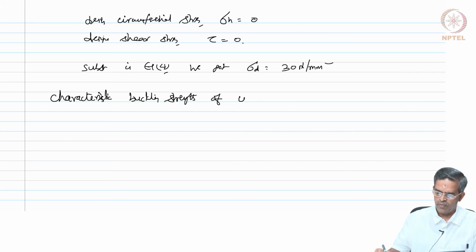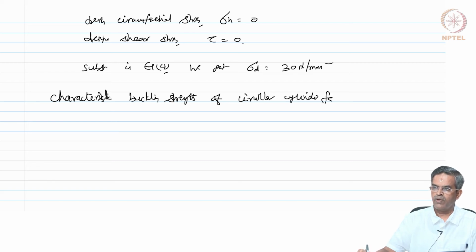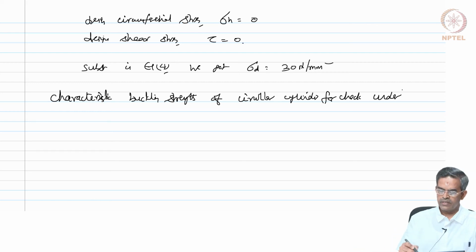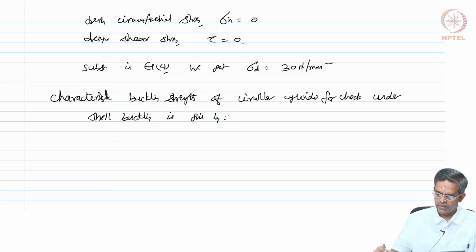Of circular cylinder for check under shell buckling is given by section 3.4.2 of page 15 of the code.